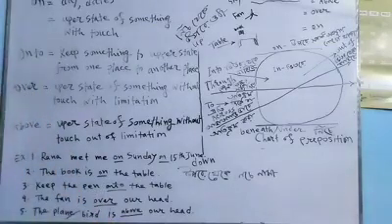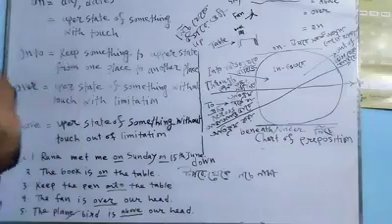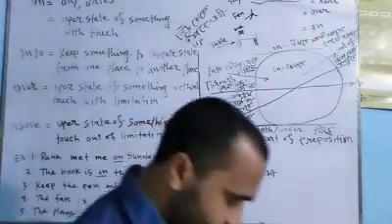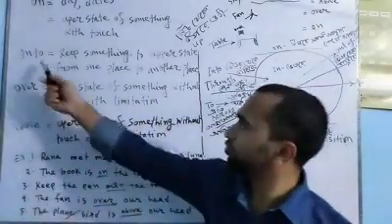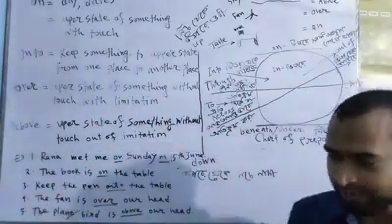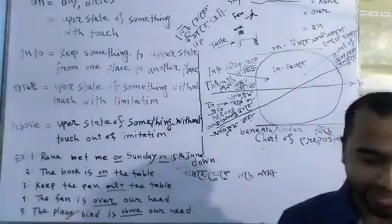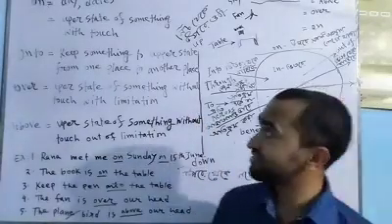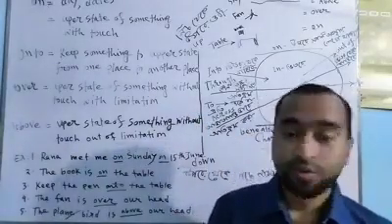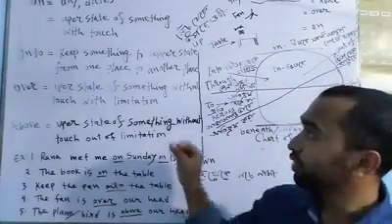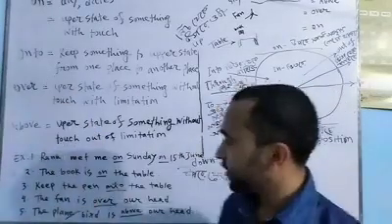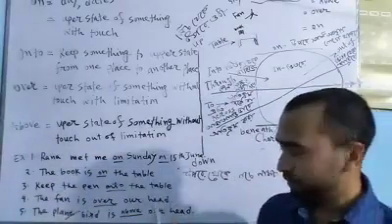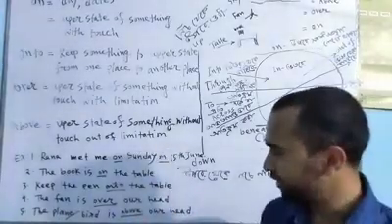Onto: to keep something to an upper state from one place to another place. In this case, we have to use onto. When we keep something from one place to another place, in that case, we have to use the preposition onto. Example: keep the pen dash the table. The pen was somewhere else.